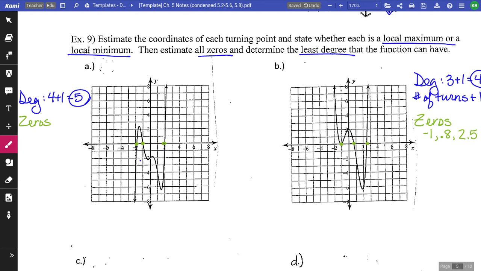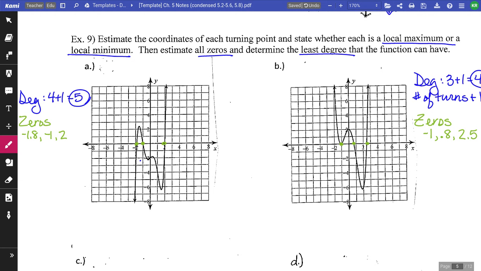So this one also has 3 places where it crosses the x-axis. So that first one, maybe that's a -1.8, and then a -1, and then maybe a +2. Okay, so that takes care of our degree, takes care of our zero.